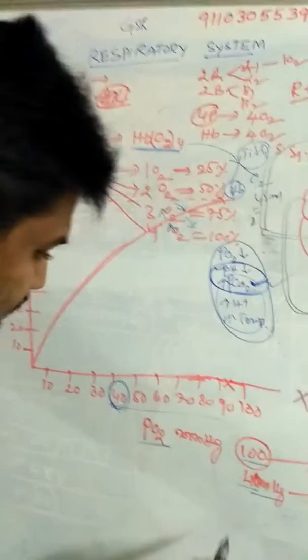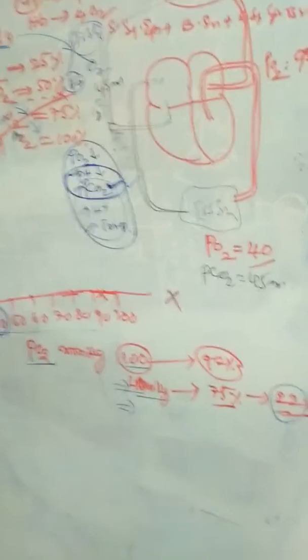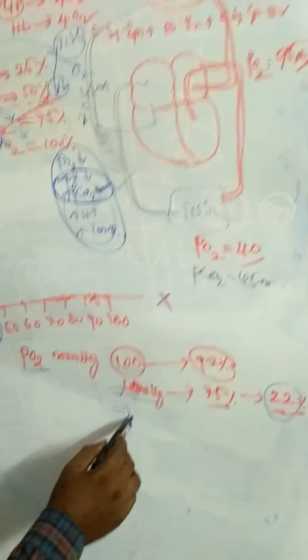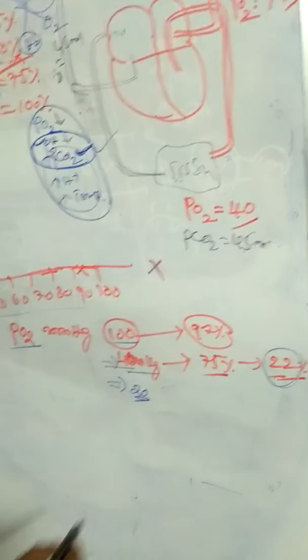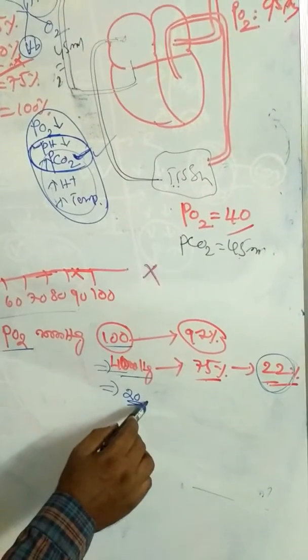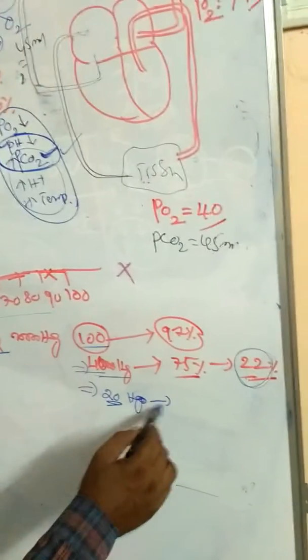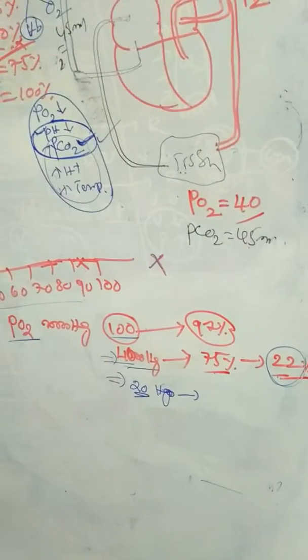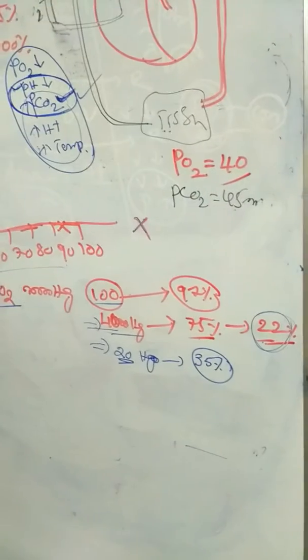requirements. In the case of athletes or sportsmen, in muscles like striated muscles, at 20 mmHg partial pressure, the saturation is 35%.